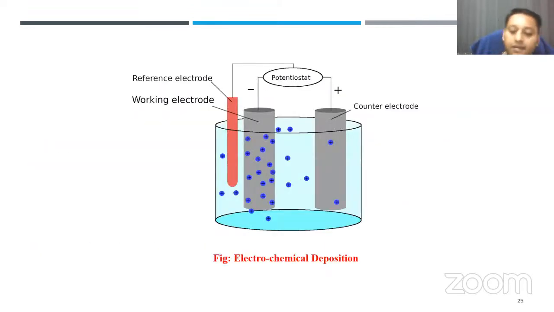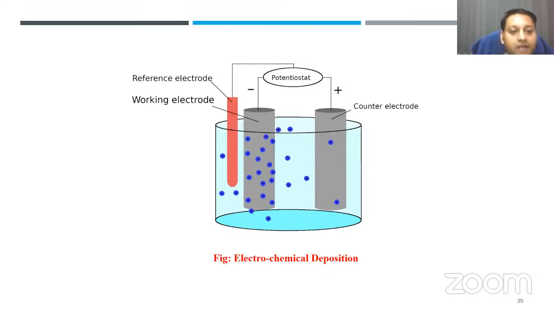People have already come across this technique earlier, where we use two different electrodes, and the material that we want to deposit will be in the solution. The electrochemical solution consists of the metal ions that we want to deposit, and there are an anode and a cathode. Metal ions are positive, so they will be deposited on the cathode.